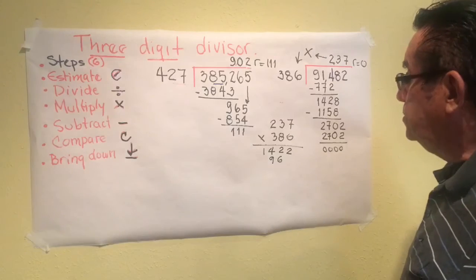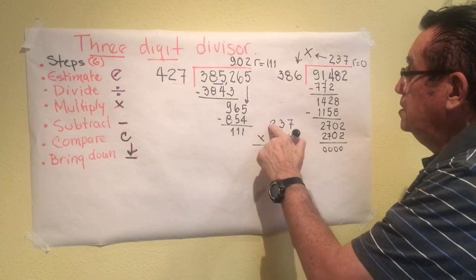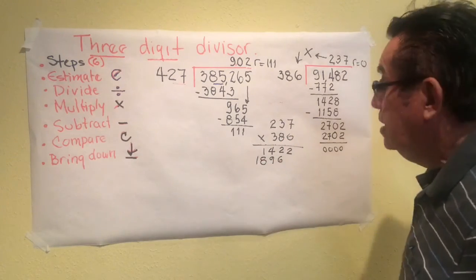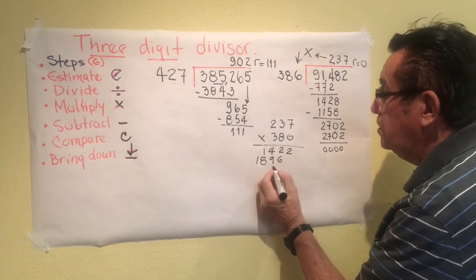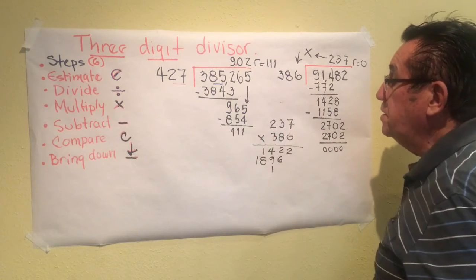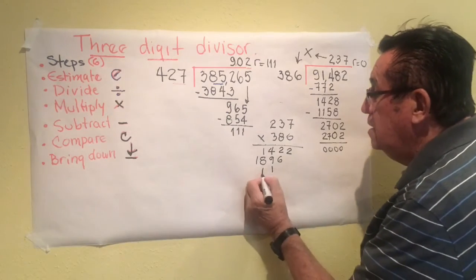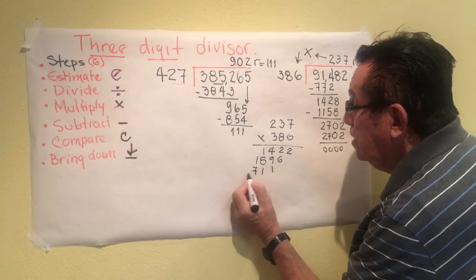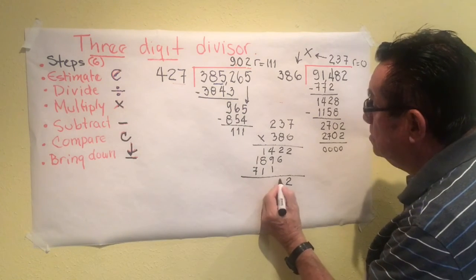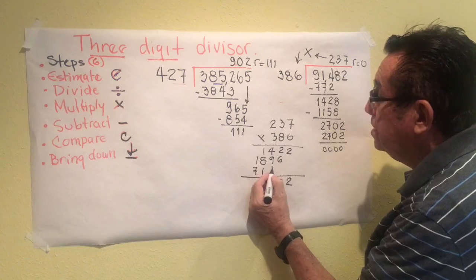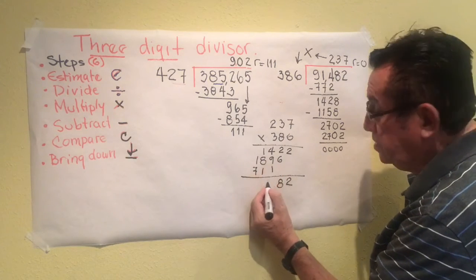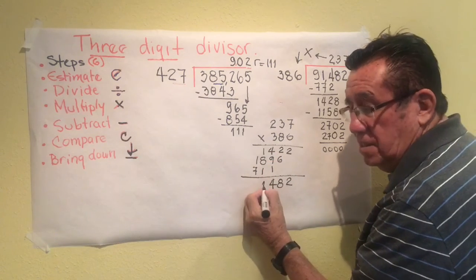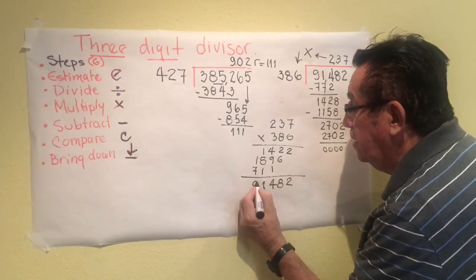Take 2. 2 times 8 is 16, plus 2, 18. All right. Now let's finish with this. 3 times 7 is 21. Take 2. 3 times 3 is 9, plus 2, 11. Take 1. 3 times 2 is 6, plus 1 is 7. I add: this is 2, this is 8, this is 9 and 1 is 10 and is 14. Take 1, this becomes 10 plus 1 is 11 and 2, 9.